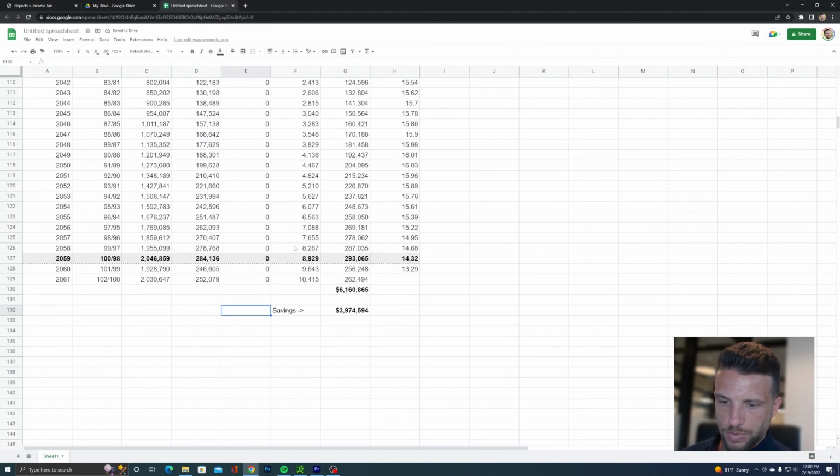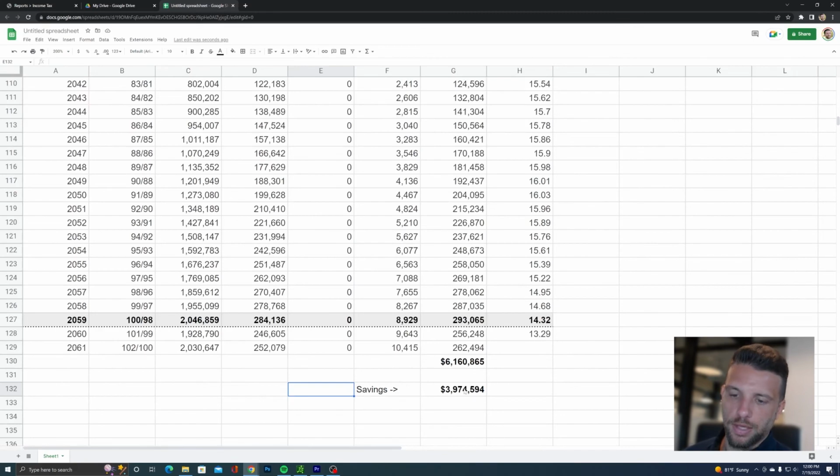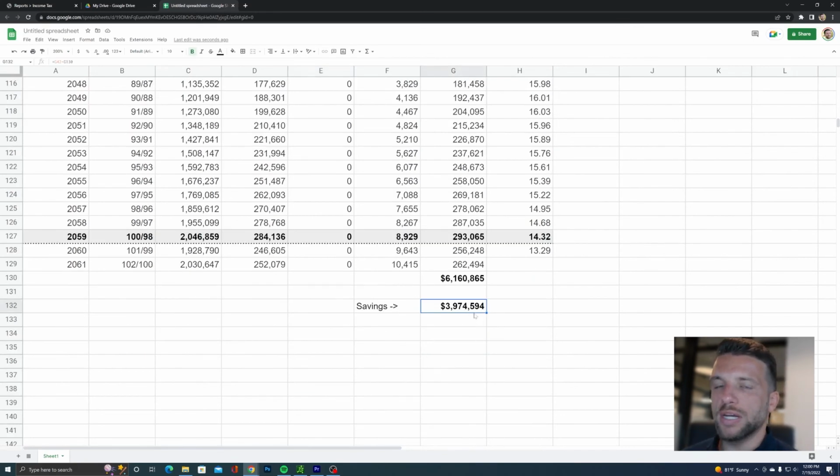Yeah. So they're paying an additional nearly $4 million if they do not convert that 2 million. So in this instance, it makes sense for the client to begin a Roth conversion.